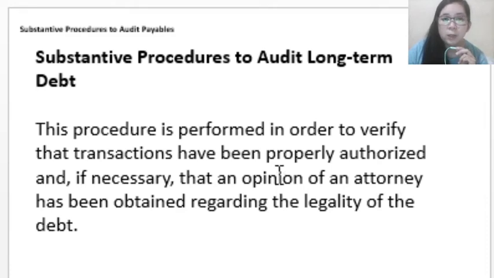This contract should be notarized by an attorney to make sure that the contract is enforceable, which means that if the entity does not make good on any commitment or promise made, especially for paying the interest and the principal amount, then they can be sued or looked after for the repayment of such liability.